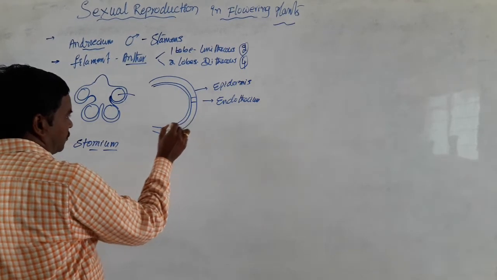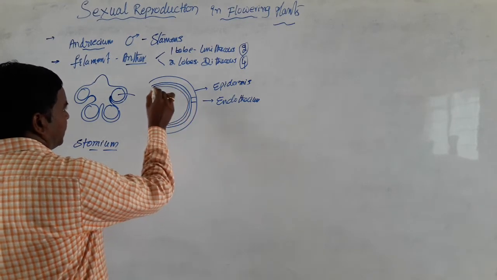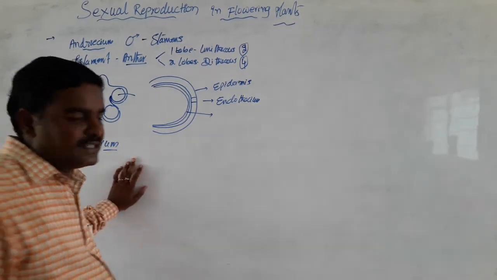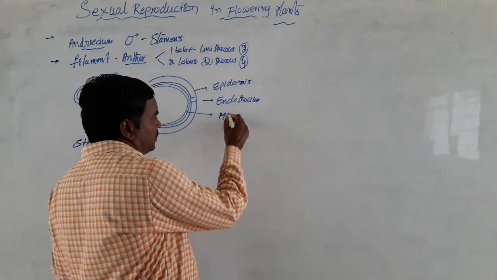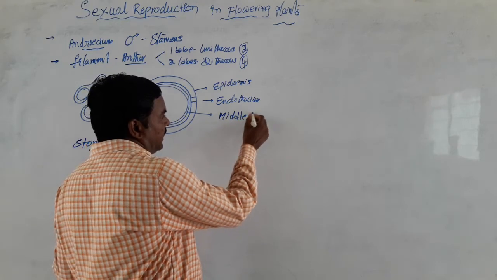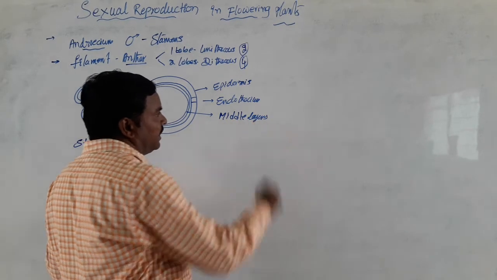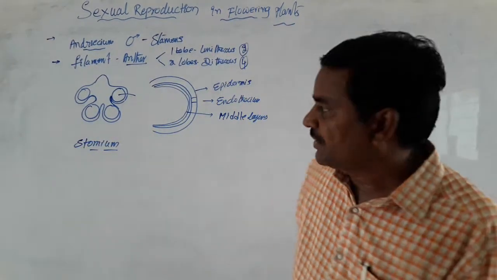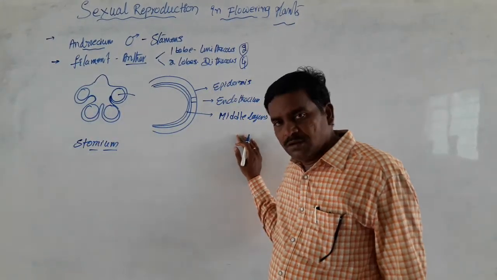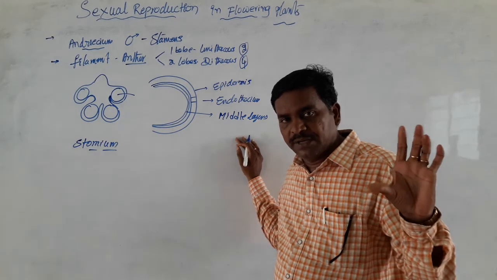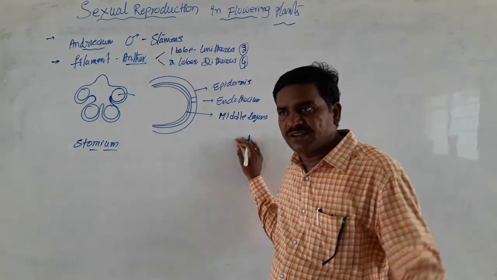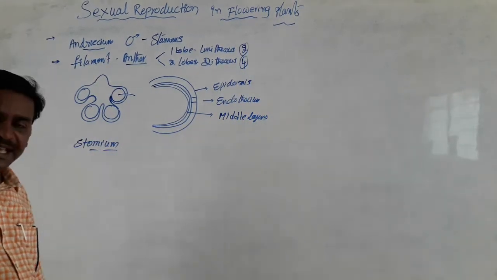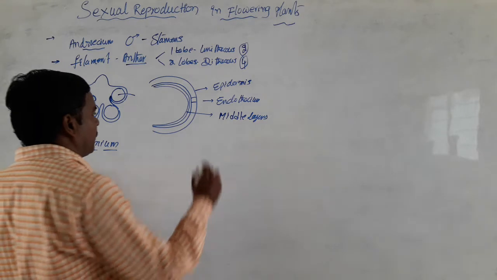Just next to the endothecium, there are 3 to 4 layers of very thin walled parenchyma cells. They constitute the middle layers. Just before the dehiscence of the anther, these cells also undergo dehiscence. So epidermis, endothecium and middle layers, these 3 layers help in the dehiscence of the anther.